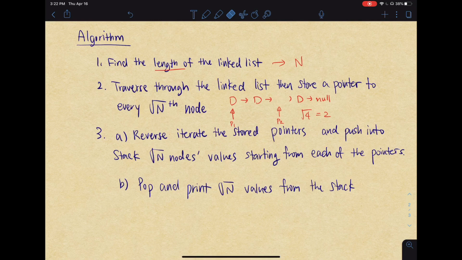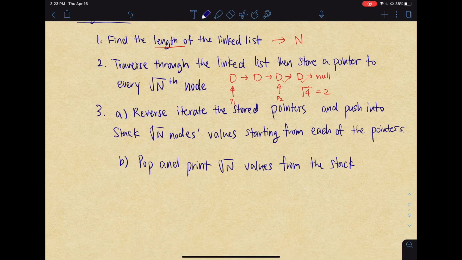So we push this guy in, and then we push this guy in, and then we have step B in step 3. We pop these 2 pushed nodes from the stack and print them. And then after that, we go back to step A and do the same thing with P1.